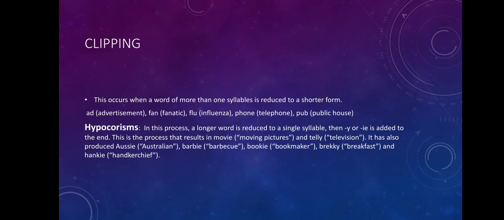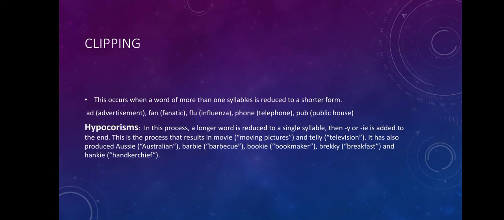Moving picture was the original word and we added an ie at the end of move from the moving and formed a new word. Then tellie from the television, and then we have Aussies, which is a word used for Australians, Barbie, a shorter form of barbecue, then bookie for bookmaker.